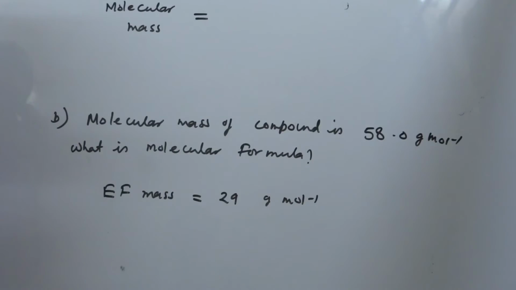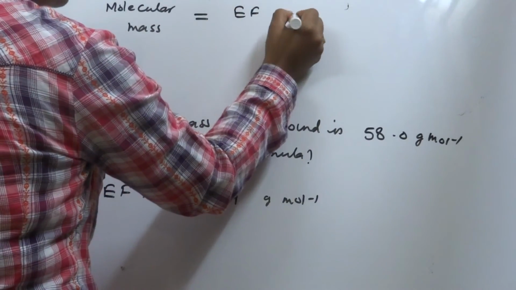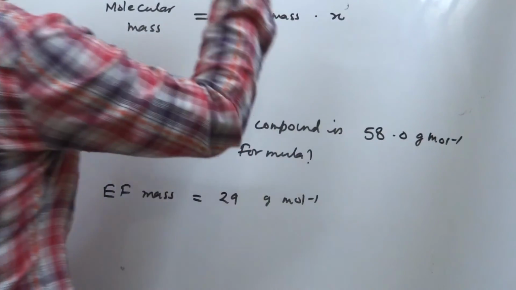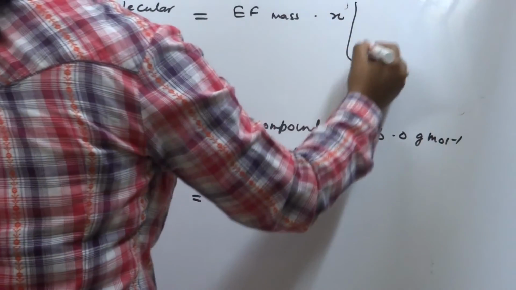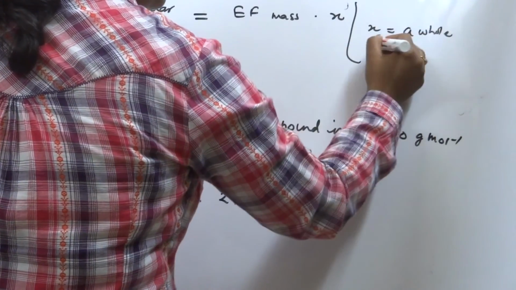Molecular mass is equal to empirical formula mass times X, where X is equal to a whole number.